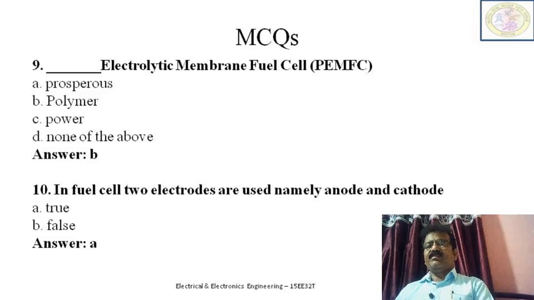In fuel cell, two electrodes are used, namely anode and cathode. The answer, it is true. Answer is A.